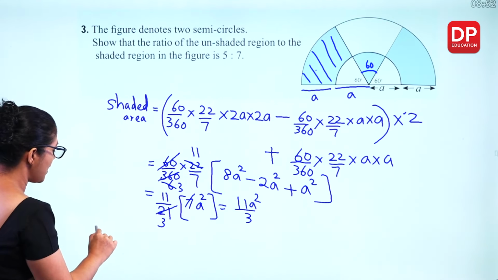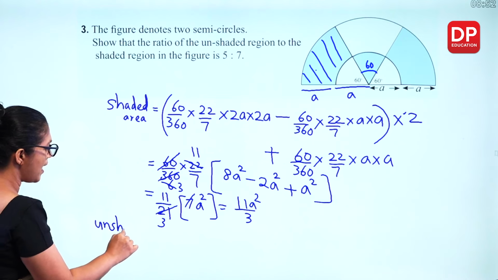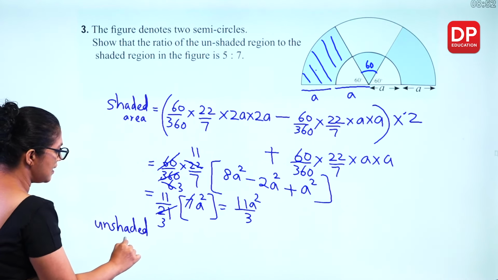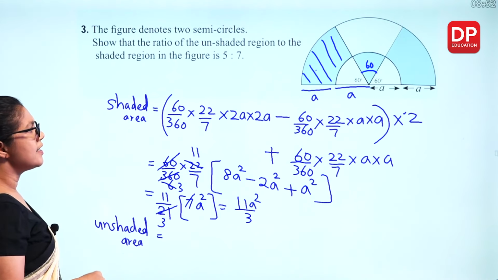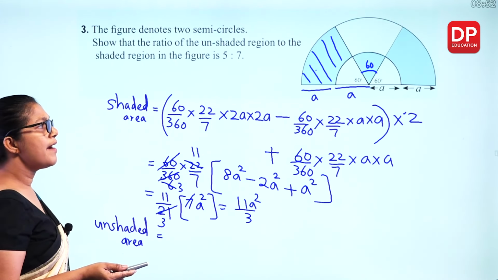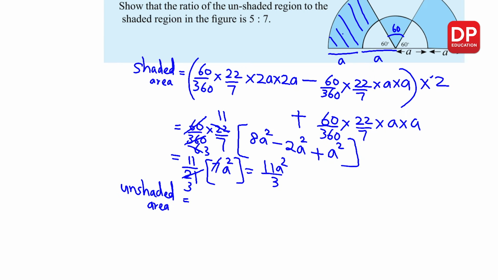I can find the unshaded area by subtracting the shaded part. So what's the full area of the semicircle? Angle is 180 over 360 into pi r squared. What is r here? 2A. So 2A times 2A minus the shaded part.